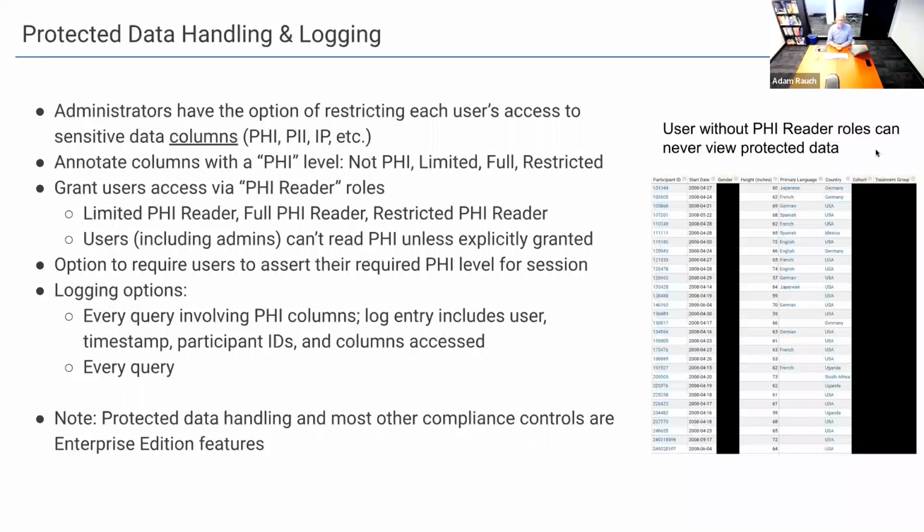That provides much more detail, but then needs to be mined for useful information. Likewise, similar to the participant level restrictions, all of the compliance controls and protected data handling like this are enterprise edition features.